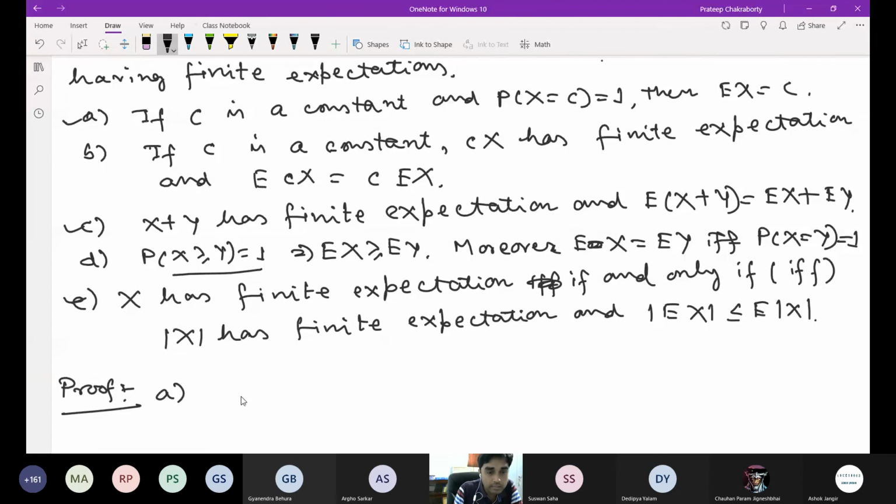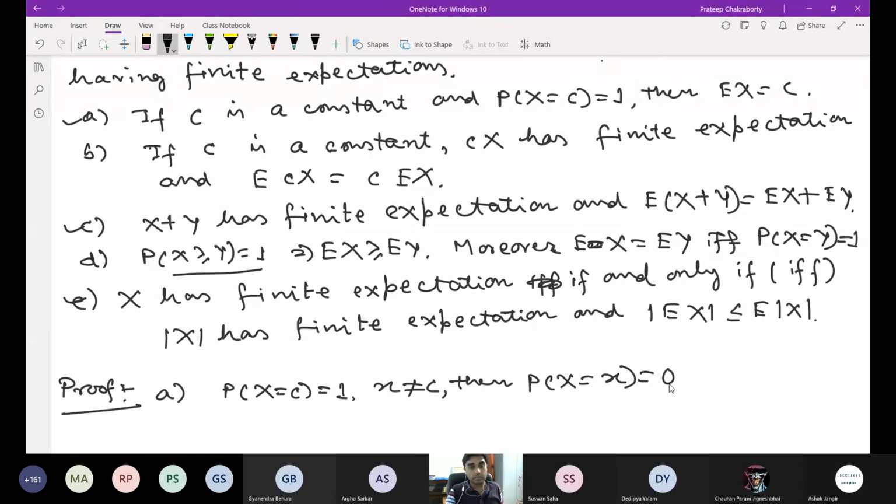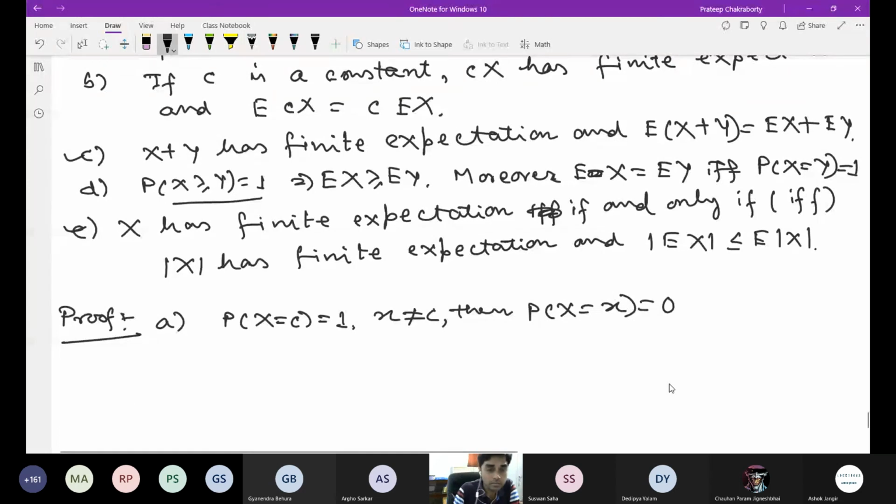So (a): given P(X = C) = 1, if x is not equal to C, then P(X = x) = 0, because X = C has probability 1. Is this okay? If you can't do this rigorously at present, you can do it on your own. This is not difficult.